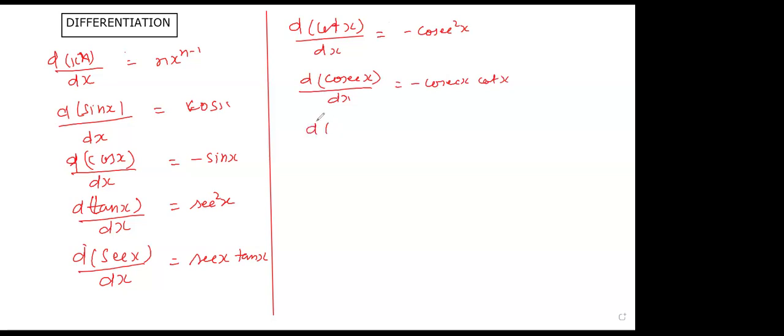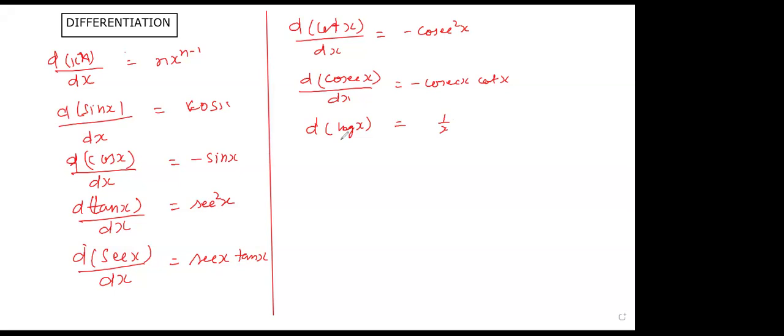Derivative of log x, logarithmic function you will be studying. Okay. Derivative of log x is 1 over x. Here, the base of the logarithmic function is what? E, natural log.